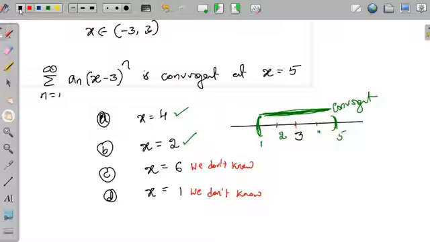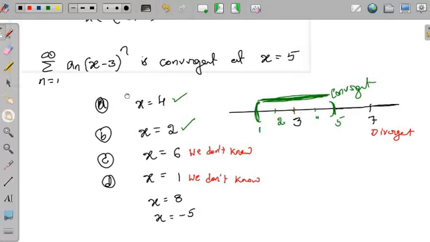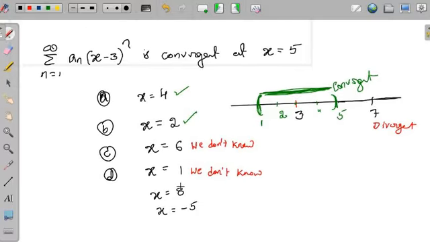Similarly, for example, you came to know for the same problem that at 7 this is divergent. Okay. So if I take some more points here, like x equal to 8 and maybe x equal to negative 5, what can you say about x equal to 8 and negative 5?